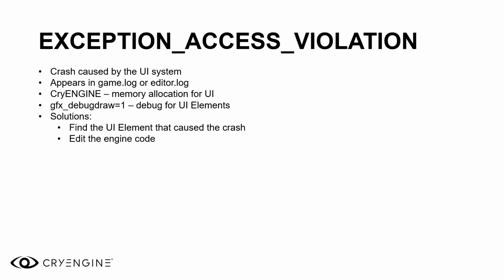And you will always see that at the bottom of the log. CryEngine has a certain memory allocation for UI, and so if you add more to the memory than is allowed, then the engine will crash.